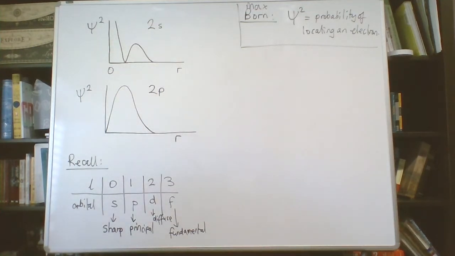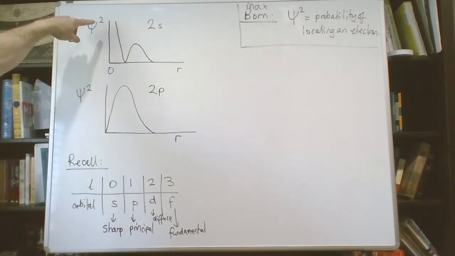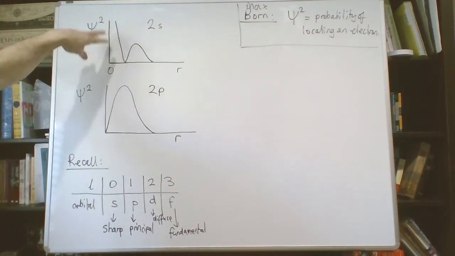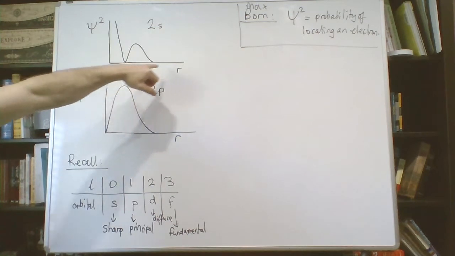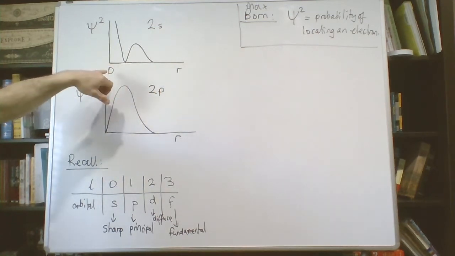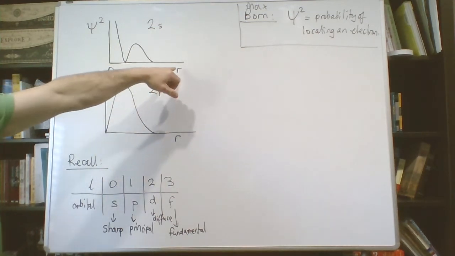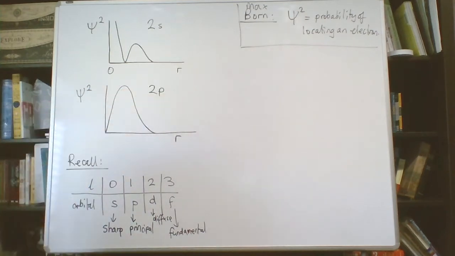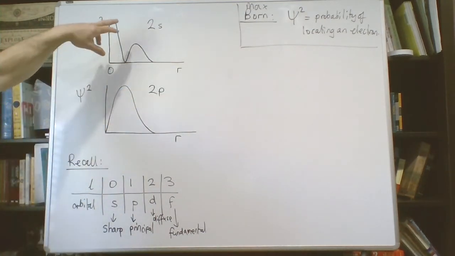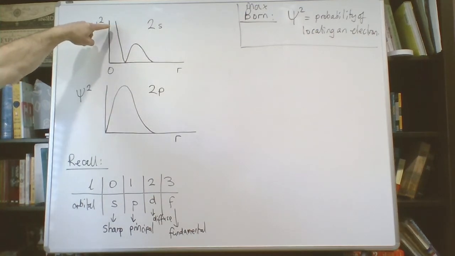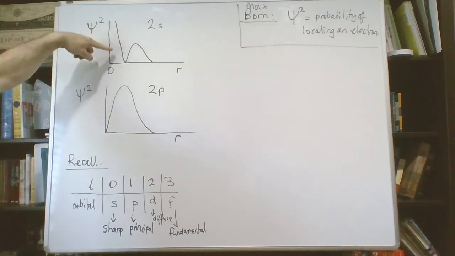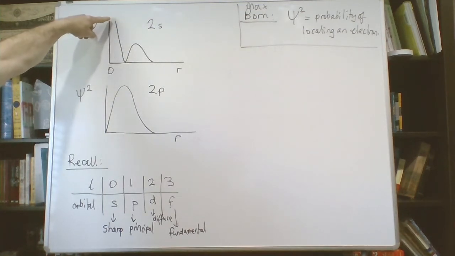Okay, so if we look at the probability of locating an electron, where 0 distance on this x-axis represents the nucleus itself, and we can go out a distance r from the nucleus, then we see that overwhelmingly the 2s electron is most probably in the nucleus itself.